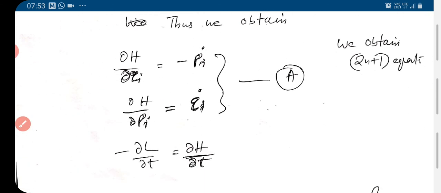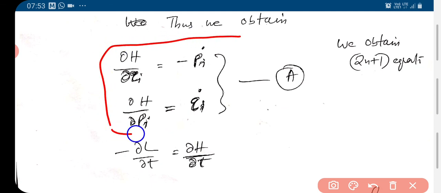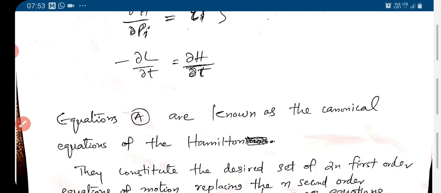So we write those equations: ∂H/∂qi is minus pi dot, ∂H/∂pi is qi dot, and minus ∂L/∂t is equal to ∂H/∂t.